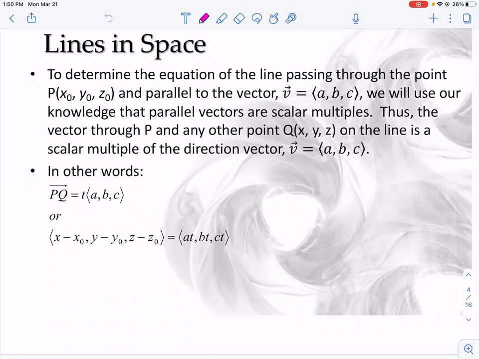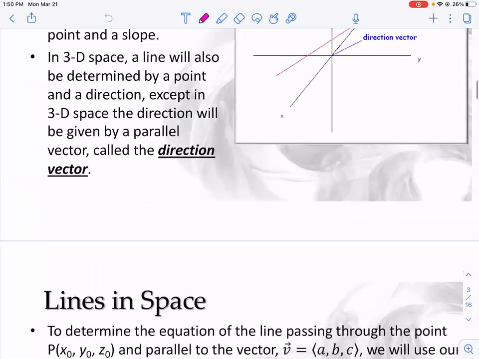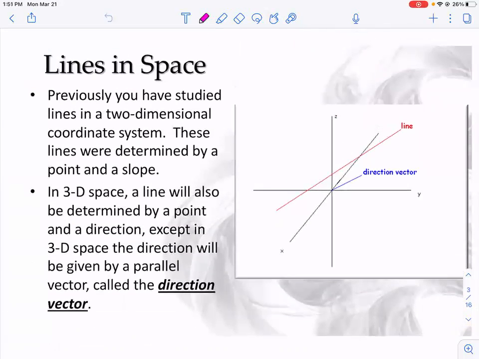So since we want a parallel vector, let's come back to here. Here's our vector. We're parallel to the line. We know that if we have parallel vectors, the vectors are scalar multiples of each other.